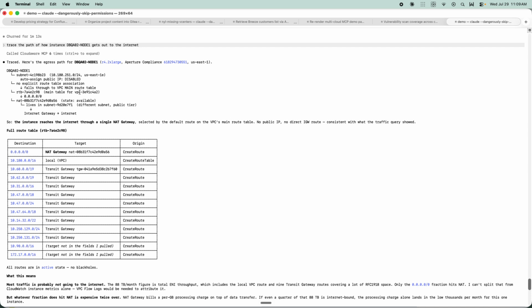And here, I put together a quick little example where I'm connected to Cloudaware CMDB, and I say, hey, pick this instance, trace the path of how this instance connects to the internet.